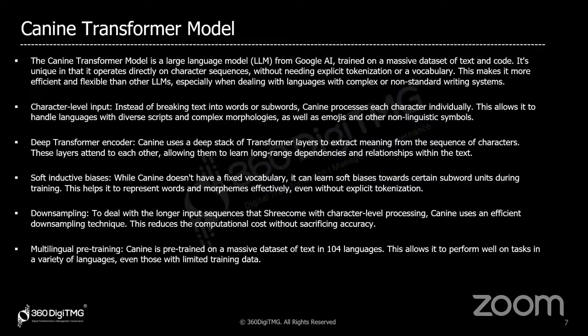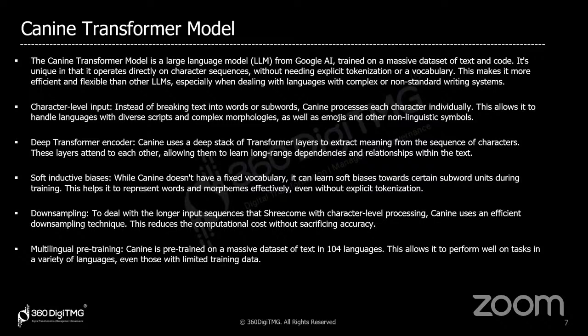Then there are soft inductive biases. Even though Canine doesn't rely on a fixed vocabulary, it can learn to recognize common subword units like prefixes, suffixes or root words.